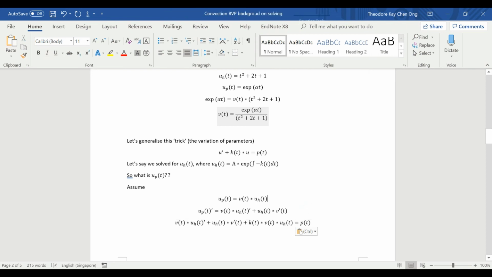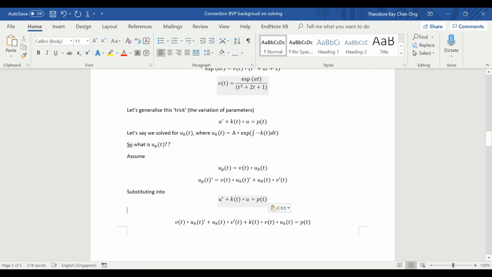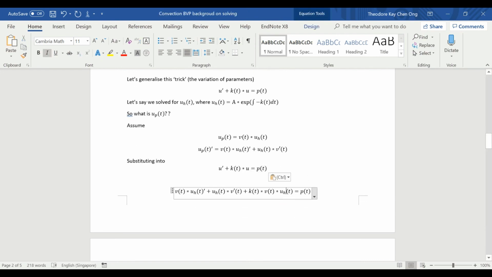Okay, so again, we are just substituting this particular solution into the first one, the original ODE, and we assume that we have u_h(t) already.